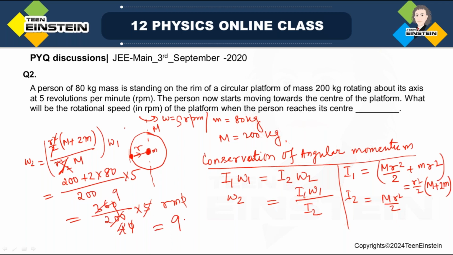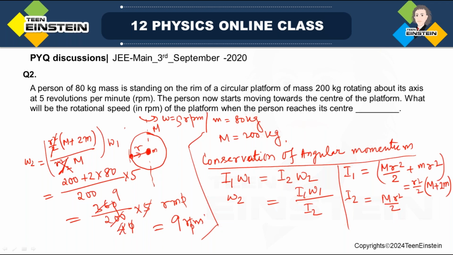So this is 9 rpm. I hope students you are understanding this. First of all you need to understand that this problem could be solved from the law of conservation of angular momentum. Second thing, what are the moments of inertia?